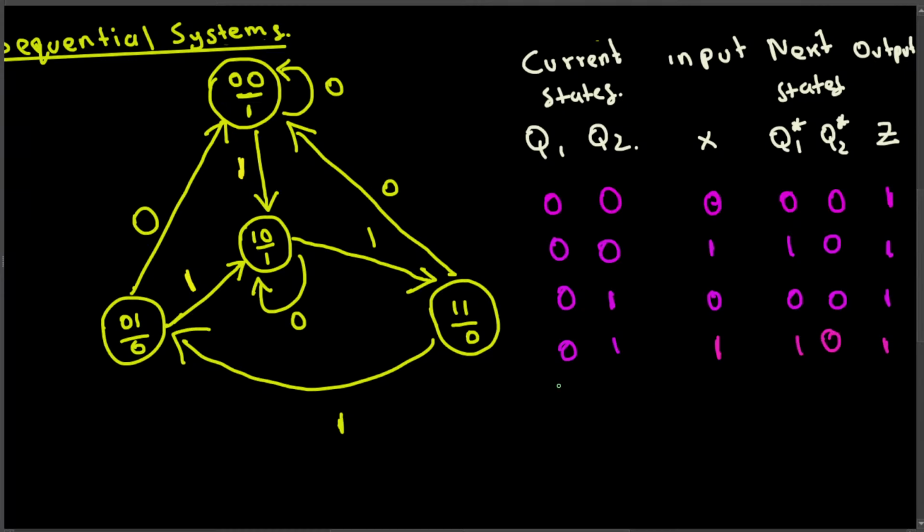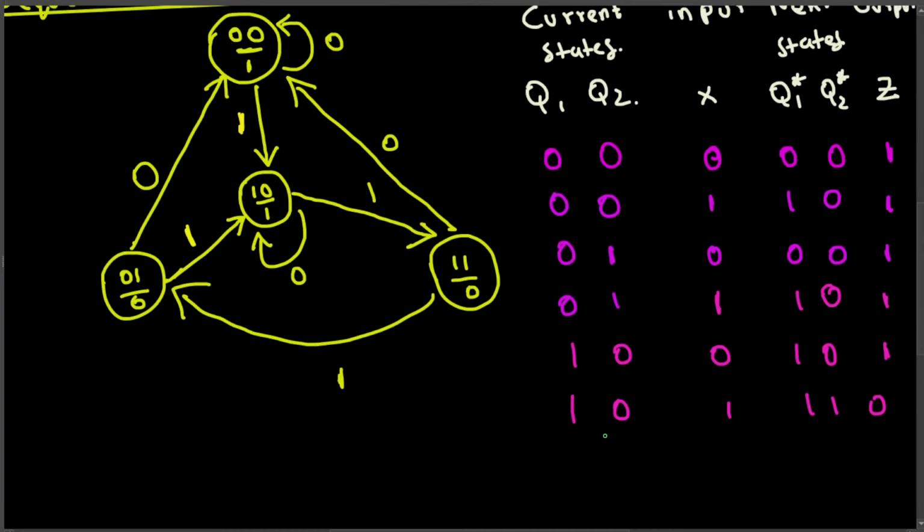Then let's look at the 1 0. If you input 0 for that, it's going back to 1 0, so the next state is 1 0, and the output there is 1. And if you grab 1 0 and put 1 as the input, it's going to 1 1, and the output there is 0. Let's look at the last one, 1 1.